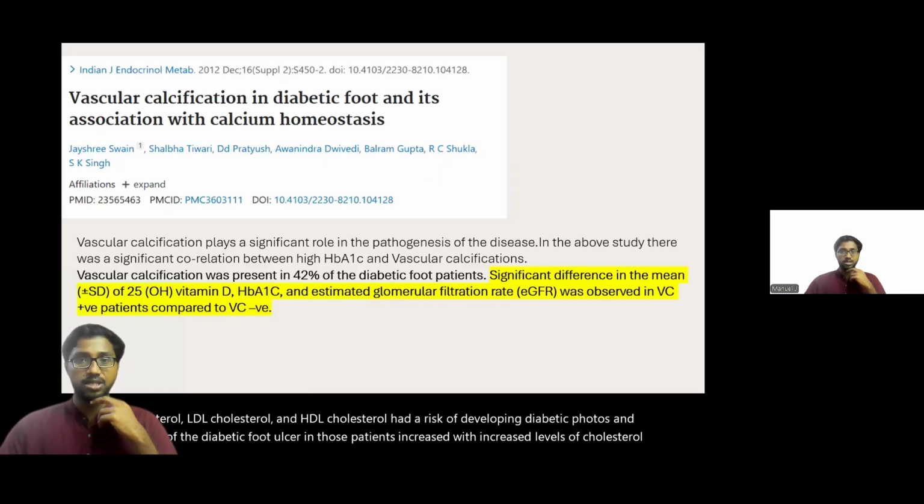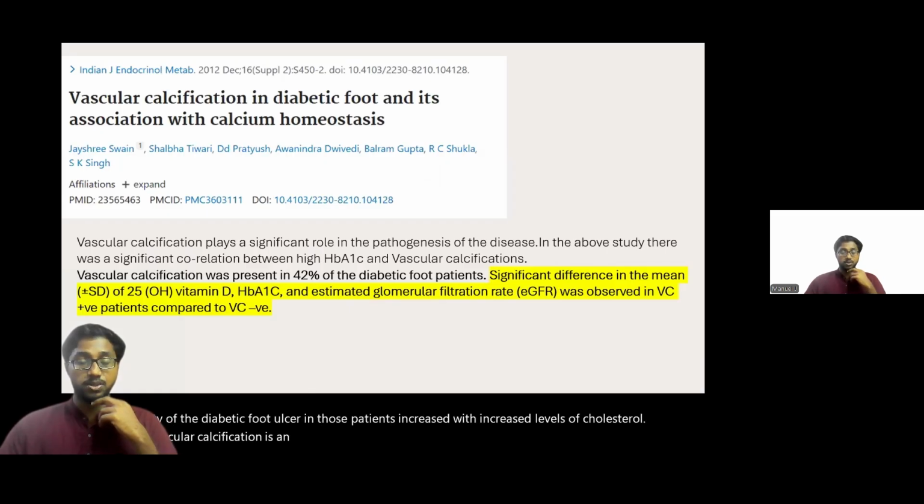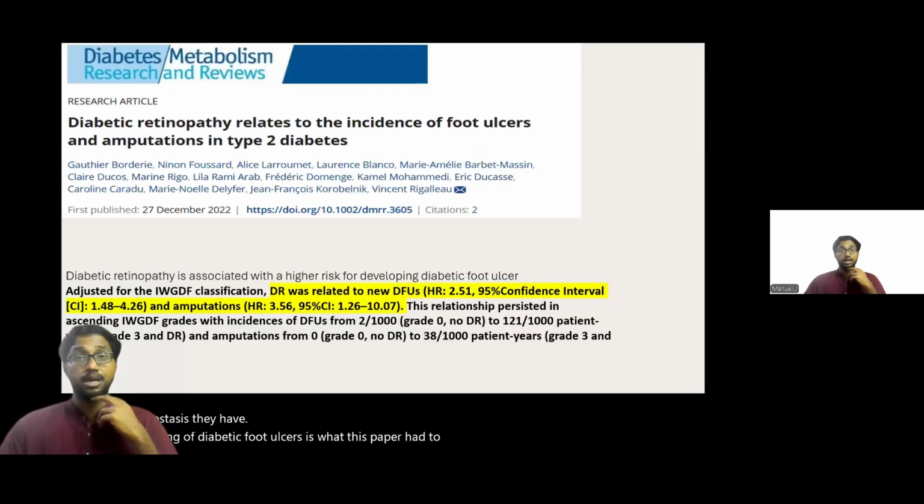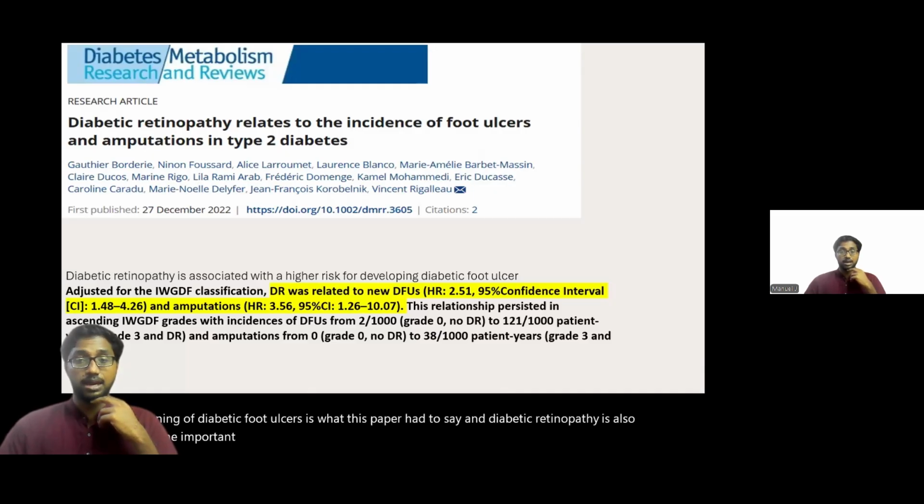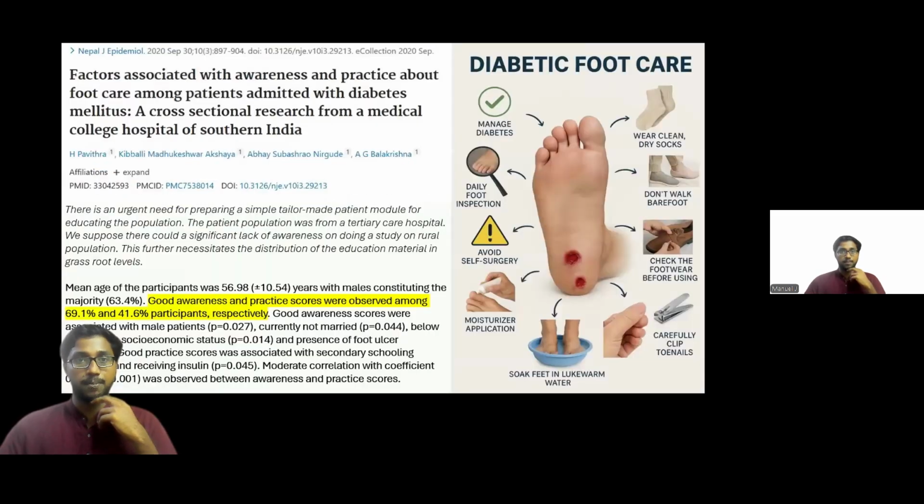Also, vascular calcification is an important factor in diabetic foot. Patients with altered calcium homeostasis had worsening of diabetic foot ulcers, is what this paper had to say. And diabetic retinopathy is also one of the important tools by which we can find the incidence of foot ulcers in diabetic patients, and we did some research on that paper as well.